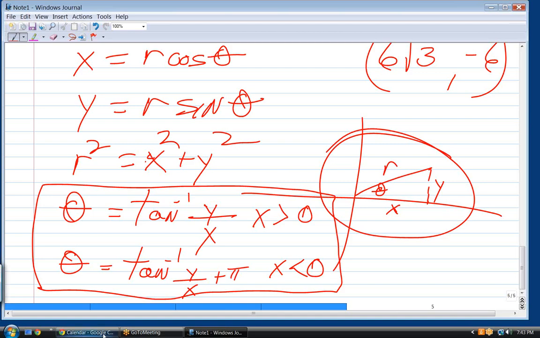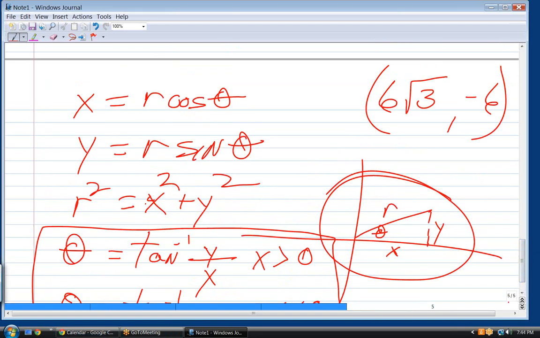All right, so to convert this one, what is r going to be? That's the first thing. In other words, we know that these are xy coordinates. We want to turn it into r and theta.